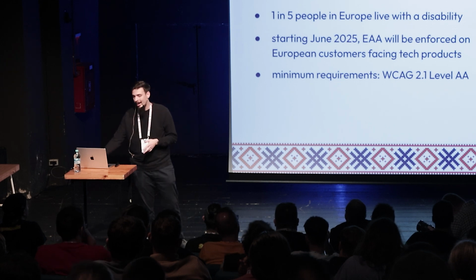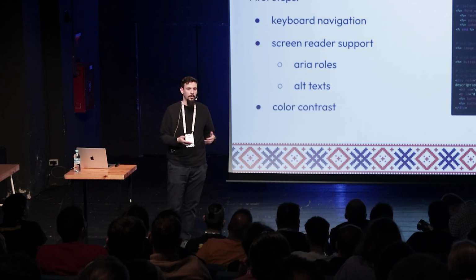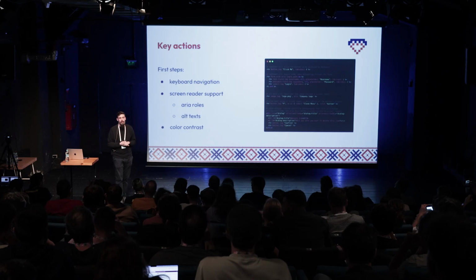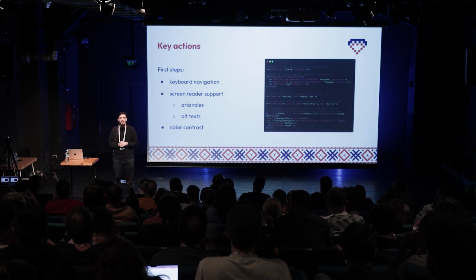I wanted to highlight a few low-hanging fruits and, let's say, the first steps that you can take. First of all, it's very important for you to do keyboard navigation. People will need to be able to go through your website using tabs, spaces, or arrows, and that's about it. They should also have the ability to go through your website with a screen reader.